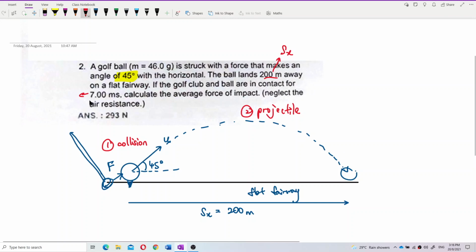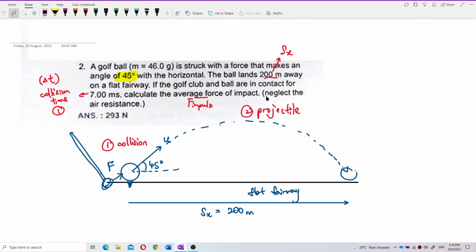It is just the collision time for the first process, not the second process, projectile motion. We can say it's delta t. So we need to find the average force of impact. This is the impulsive force we need to find.